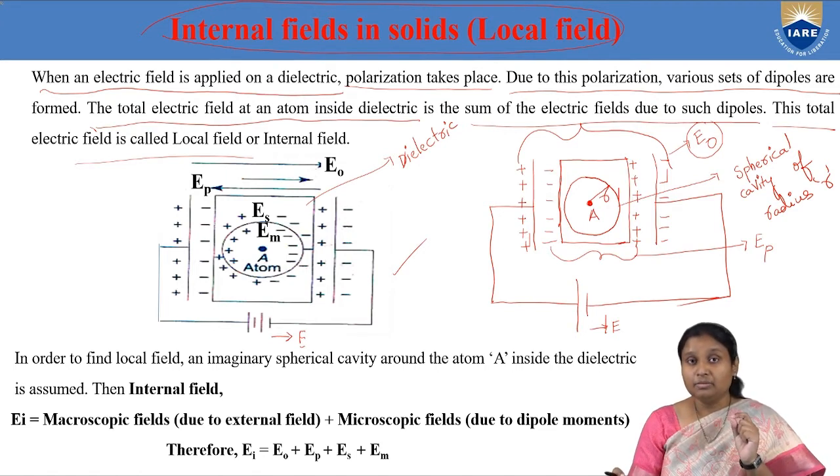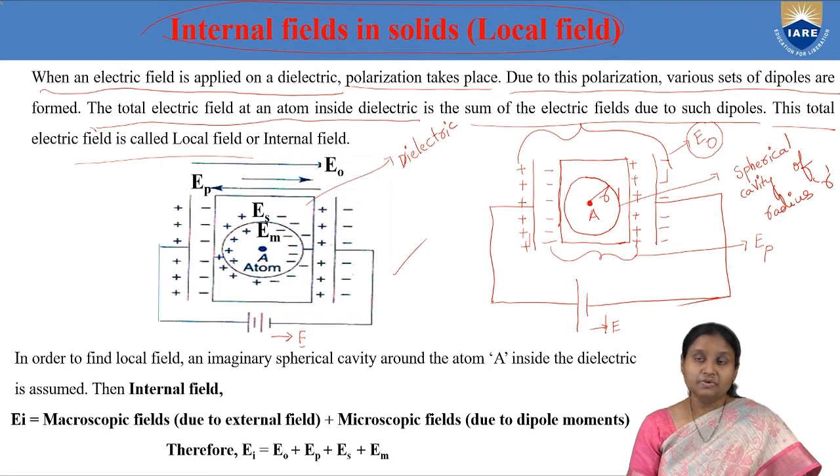So our imagined sphere, surrounding atom A, should be very small compared to the entire dimension of the dielectric, but still the sphere should be made up of many atoms and molecules.